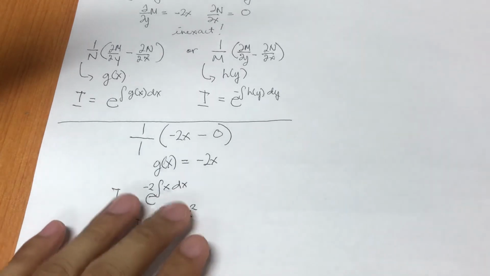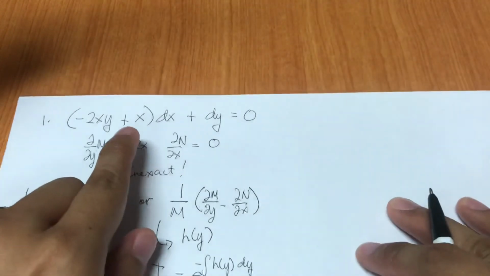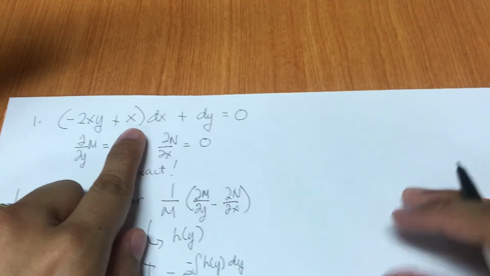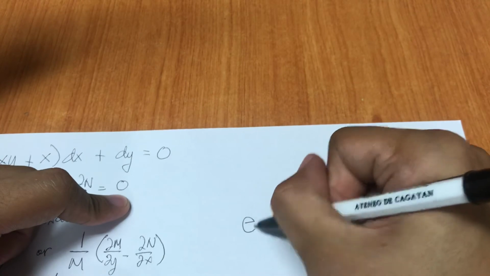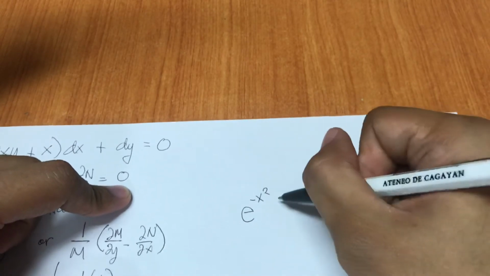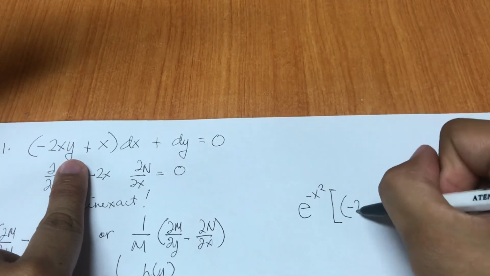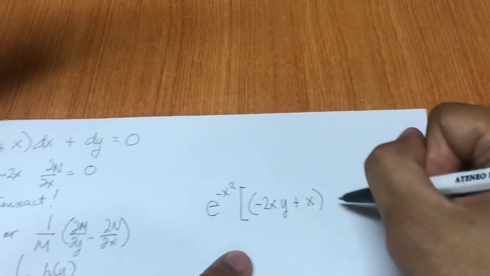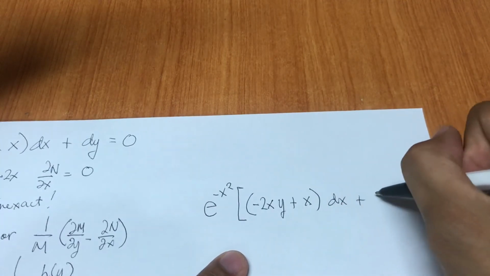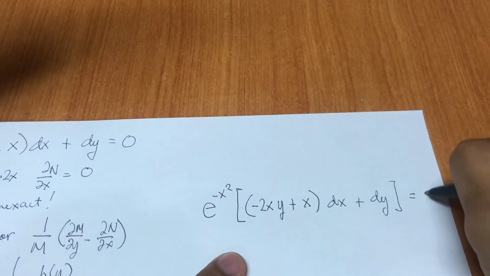Muna itong I. Muna itong original differential equation. So, I is e to the power of negative x squared. E to the power of negative x squared. I-multiply na to sa original equation. Negative 2xy plus x dx plus dy is equal to 0.